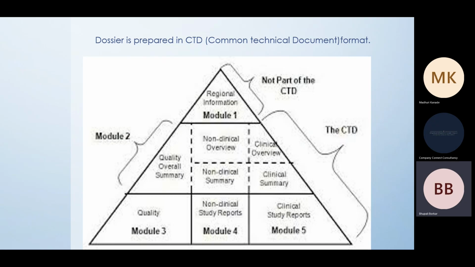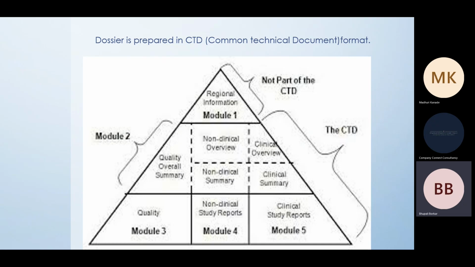Besides this, whenever we file any application, we prepare what is called a cover letter. We prepare application forms. We prepare SPCs. These are very important documents, that is summary of product characteristics, and summary of all the requirements which are there for safety issues.